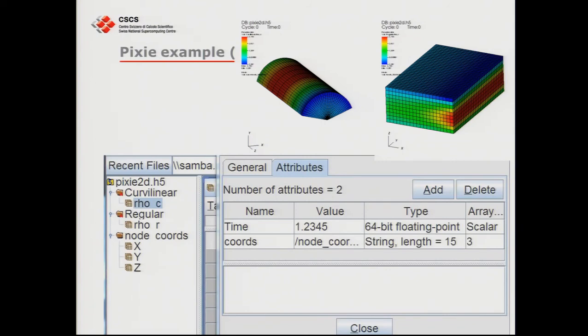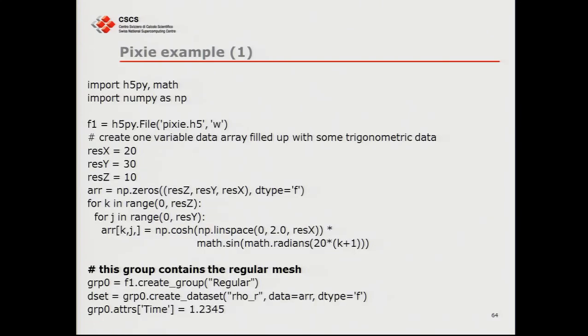We see the specifications of the curvilinear grid and the regular grid. This would be the Python code necessary to archive data in this particular fashion. I will distribute this source code, which you can try with your own data.